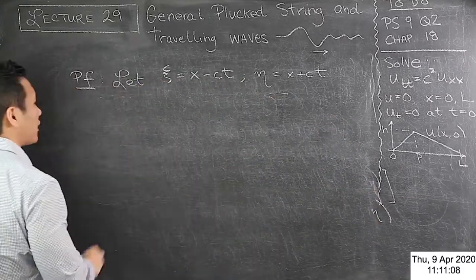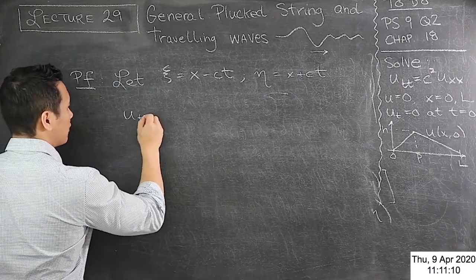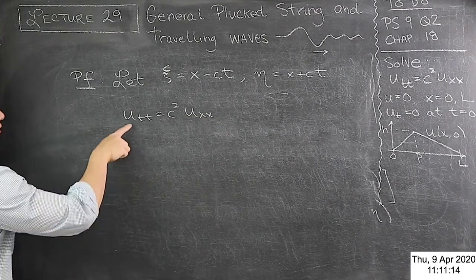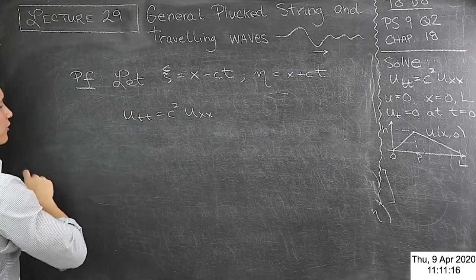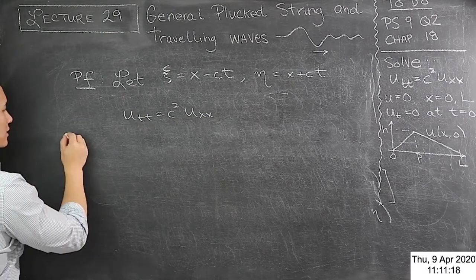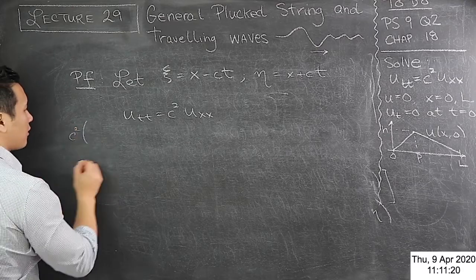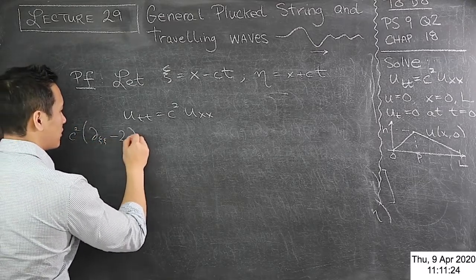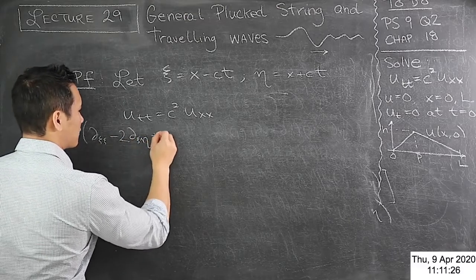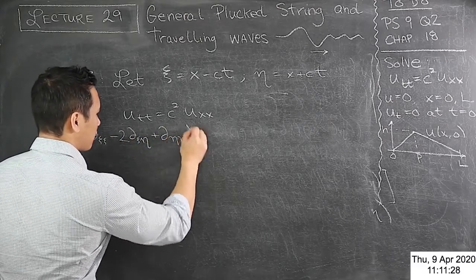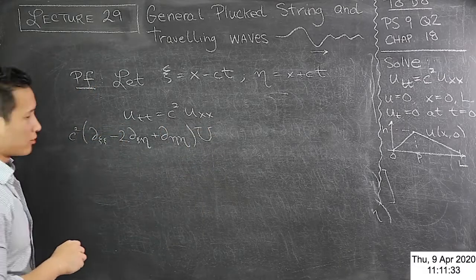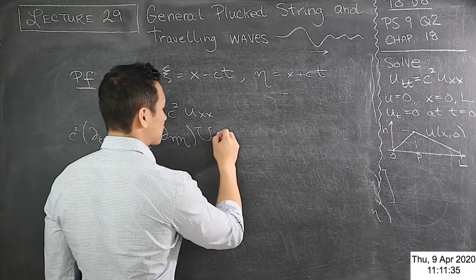Okay, so now I have u_tt is equal to c squared u_xx, and then I swap in the double derivative for the operators that I've found, so that this gets me a c squared, and it gets me a d_xi minus 2 xi eta plus eta eta times the big U, because now little u is big U once you've done the coordinate transformation.